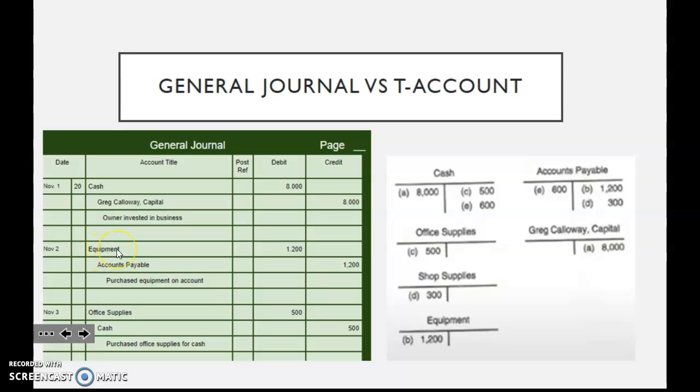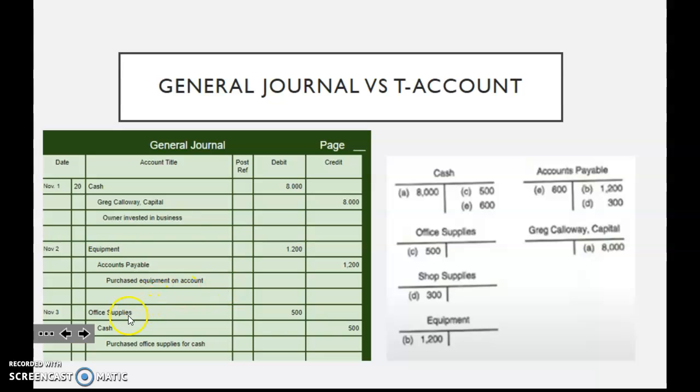Notice we list equipment first because the debit comes first, and it is against the left margin, $1,200. Then we credited accounts payable. Notice we indented a little bit. Credited $1,200. And then here's our transaction description, purchased equipment on account. So everything is there together on 3 lines.